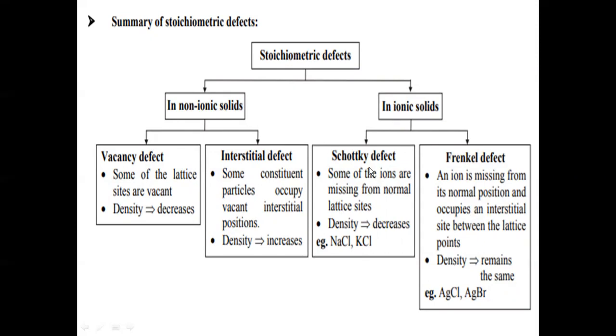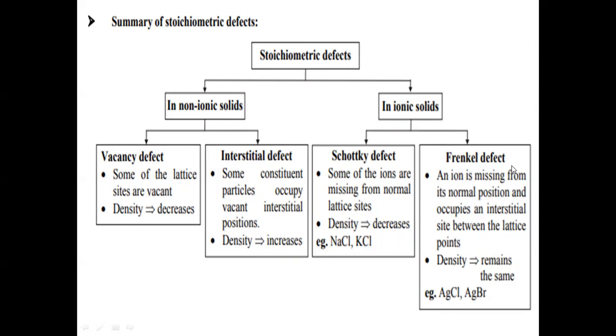Here, in ionic solids, the stoichiometric defects exhibited are Schottky as well as Frenkel defect. Some of the ions are missing from the original lattice site. That is, Schottky defect arises due to the missing of an equal number of anions as well as cations from the original lattice site. So the density of the crystal decreases. Example, NaCl, KCl.